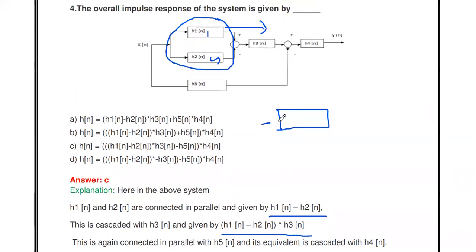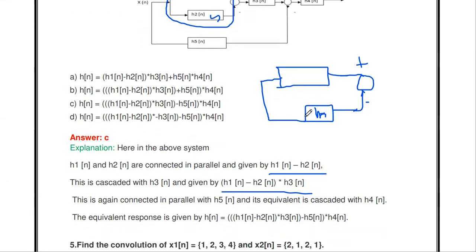And this is connected in parallel with a fifth system, h5. Here there is a subtractor: this is plus and the lower line is minus. So now these two systems are connected in parallel. How can you replace this parallel combination?